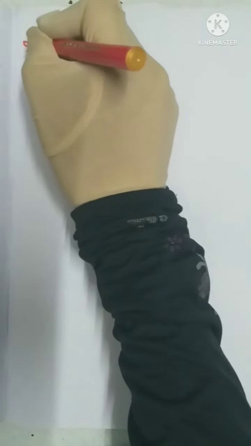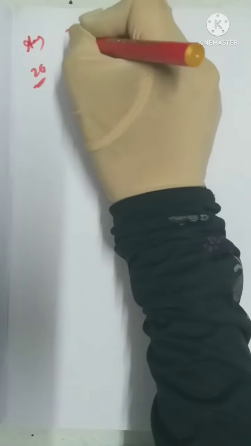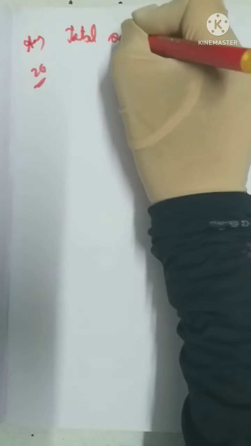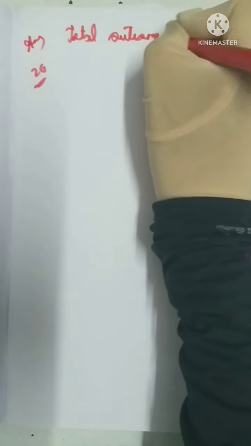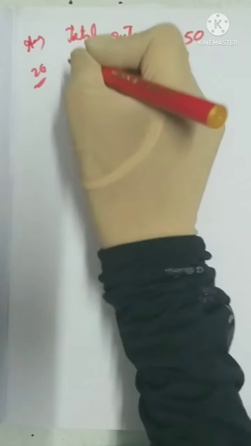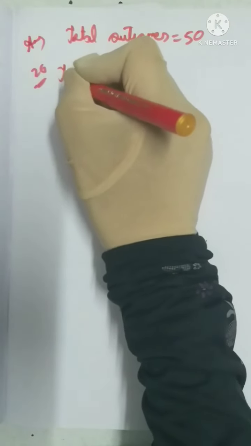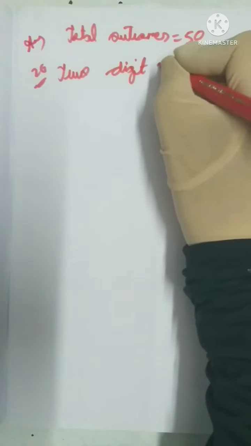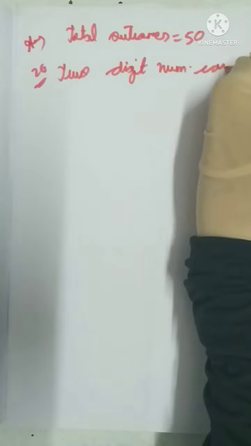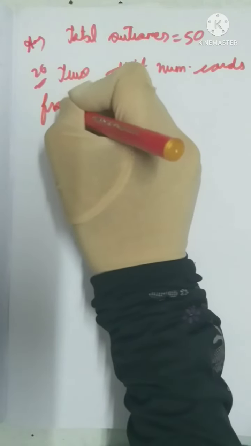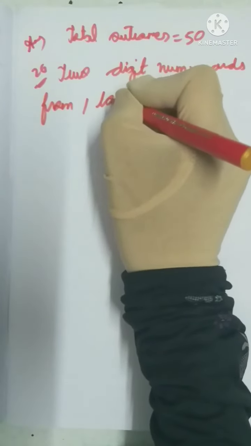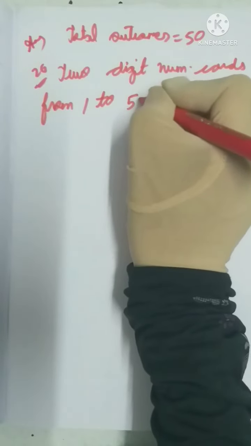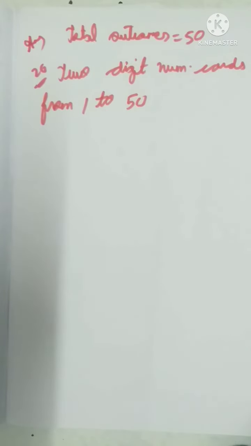First of all, how many cards do we have here? We have 50 cards, right? So we can write total outcomes is equal to 50. And how many are 2-digit numbered cards from 1 to 50? 2-digit means it starts from 11, right? So we'll write all the 2-digit odd numbers first.